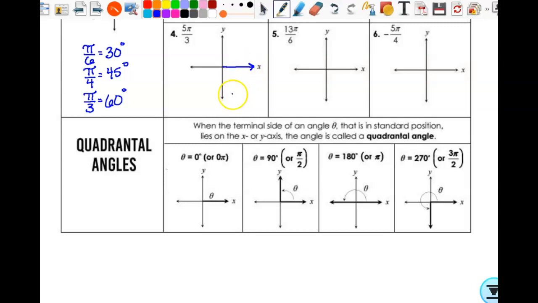Pi thirds is 60 degrees, so I end up right here. So this is 5 pi thirds. Everybody understand how we did that? I know radians are new to you, but you need to start thinking this way and trying to figure it out. And so that means my reference angle here is what? Pi thirds, because we backed up pi thirds, right?